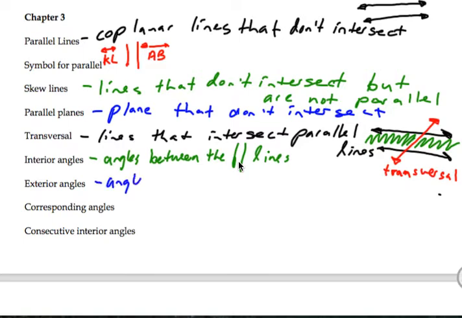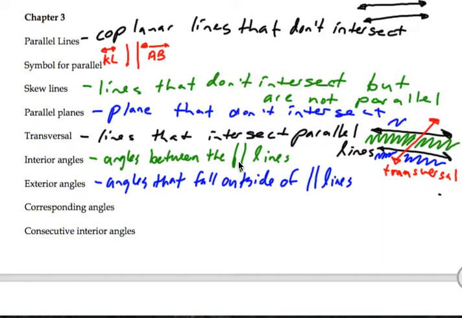Angles that fall outside of parallel lines. And that is going to be this stuff that I'm scribbling in blue. The blue stuff is the exterior. The green between the black lines is the interior. And red is the transversal. So then from there, I'm going to erase all that.